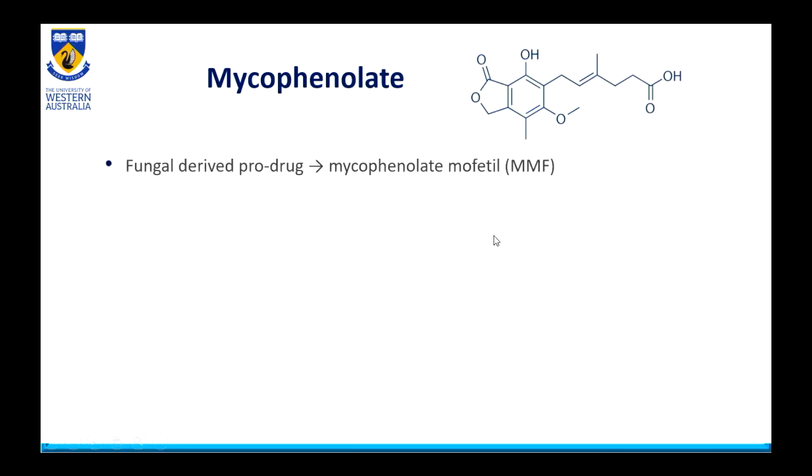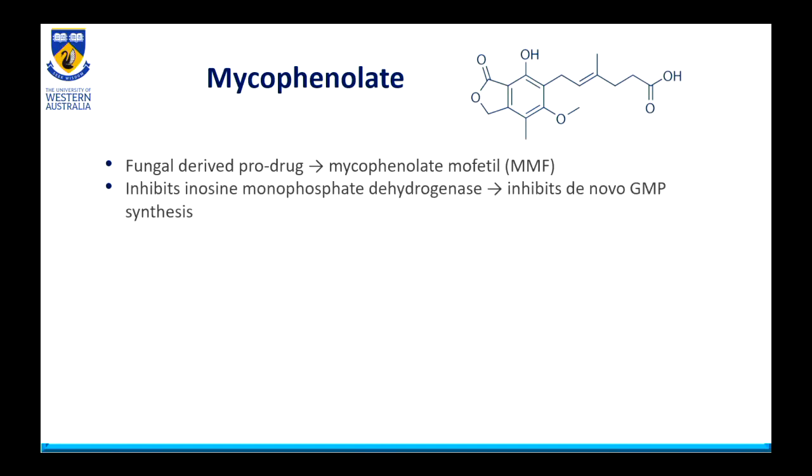It's a fungal-derived prodrug. It occurs as mycophenolate mofetil, and that then gets metabolized in the body to mycophenolic acid, and it inhibits the inosine monophosphate dehydrogenase. And this particular enzyme is required for GMP synthesis. This is de novo, in-body GMP synthesis.